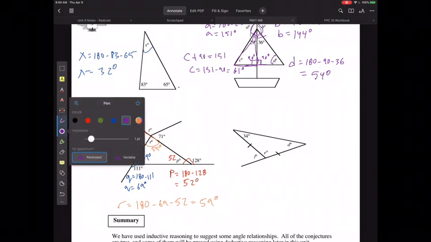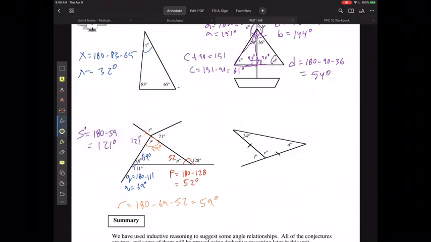And last but not least, all the angles here are going around 1 point, which means that they all have to combine to 360. So T degrees is going to equal 360 minus 71 minus 59 minus 121. T is going to equal 109 degrees.